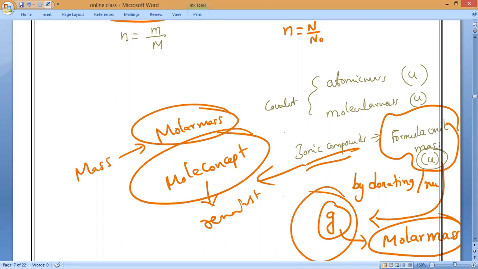That is the mole concept of ionic compounds. Why are we using formula unit here? Because in ionic compounds we won't use the words molecular mass or atomic mass. What is the word we'll use, guys? Formula unit mass. That is what you have to remember. So please finish it and we'll solve one or two examples and finish.